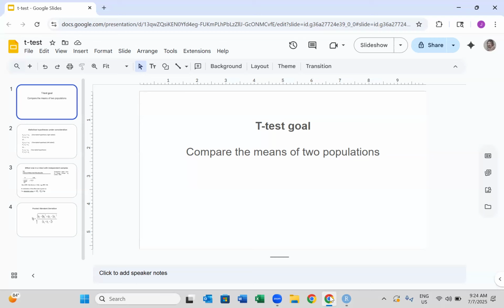Now, in statistics, we don't have only one hypothesis or one supposition. We actually have two. We have what we call a null hypothesis and also an alternative hypothesis, which is what is supported by the data when the null hypothesis is not supported. So in statistics, we work with two hypotheses, H0 and HA, or H0 and H1.